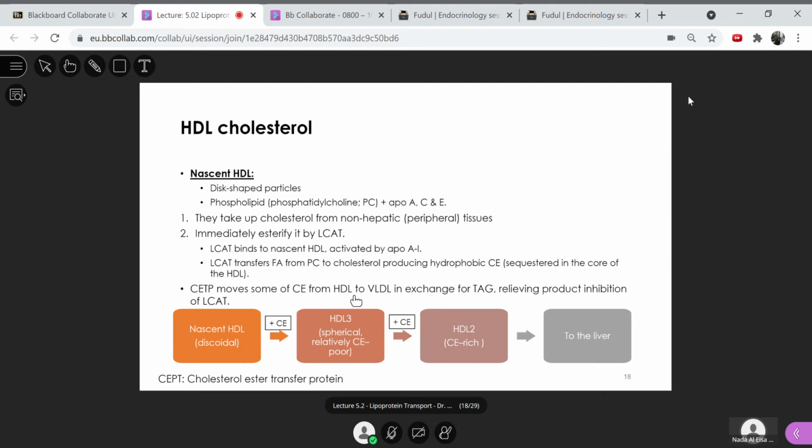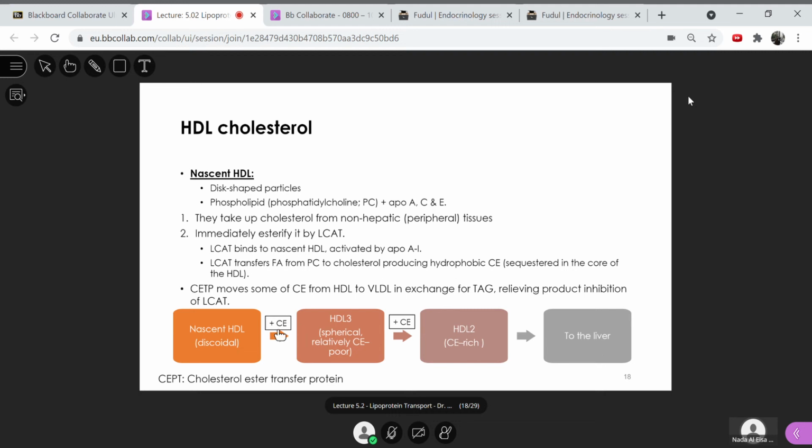And we know eventually VLDL, where will it go? Back to the liver. So it helps HDL with its function. The good cholesterol that's going back to the liver, even if it's within VLDL, it will reach the liver eventually. Now, we have the nascent HDL, which is discoidal. It's sort of protein and phospholipid.